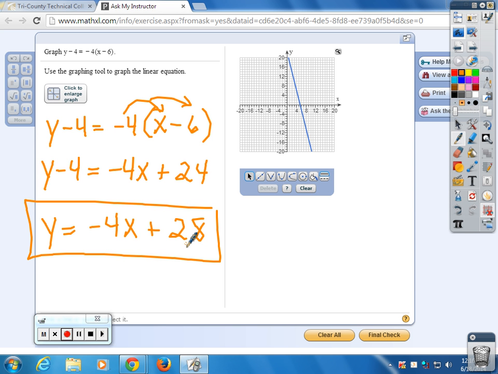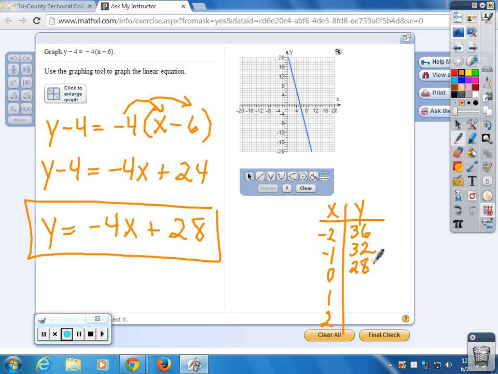Method 1 is building a line. Negative 2, negative 1, 0, 1, and 2. What's negative 2 times negative 4? Positive 8. And what's 8 plus 28? Negative 4, that's 4 plus 28 is what? 0 plus 28 is, you see a pattern?